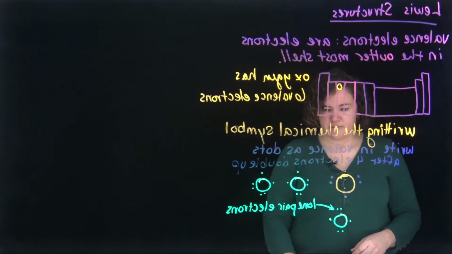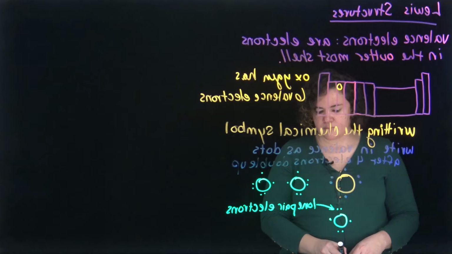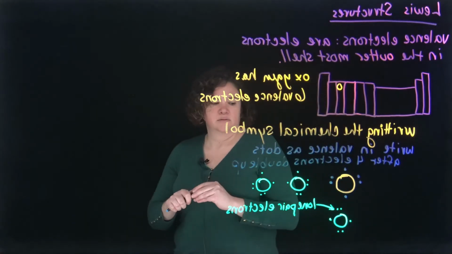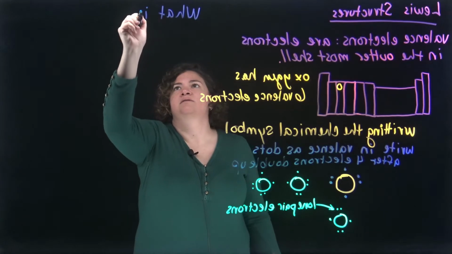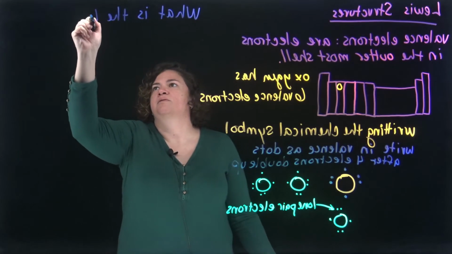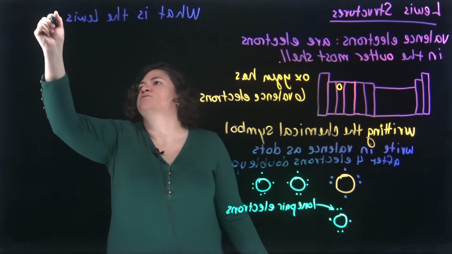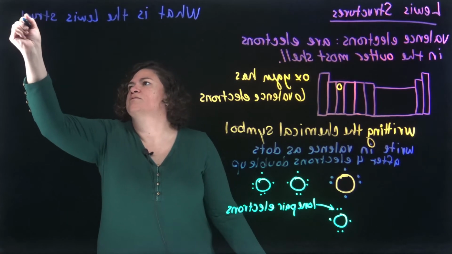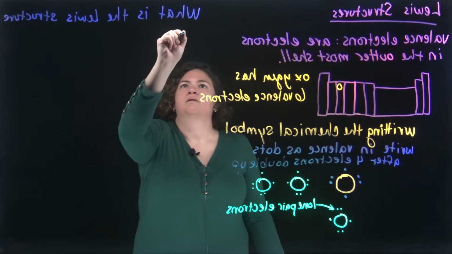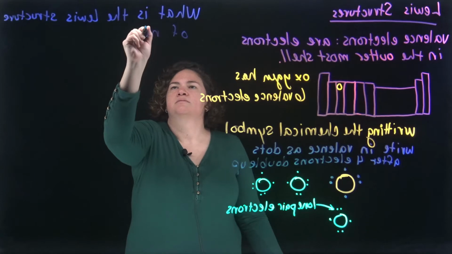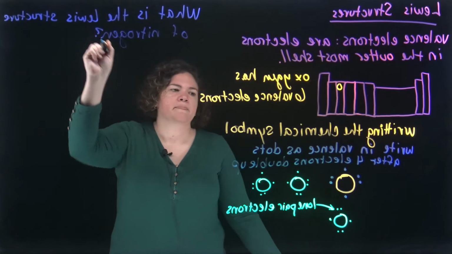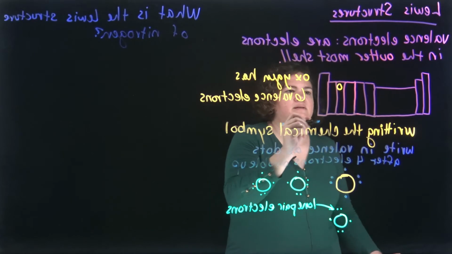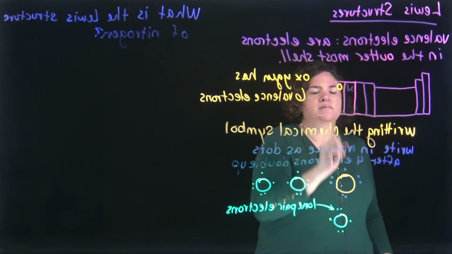Let's try another example. How about nitrogen? What is the Lewis structure of nitrogen? Nitrogen is located here on the periodic table.